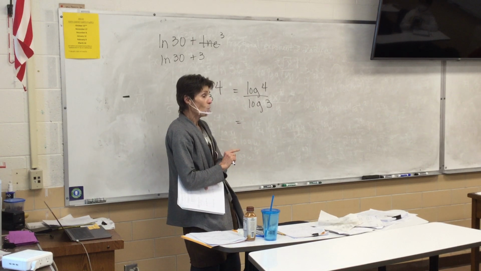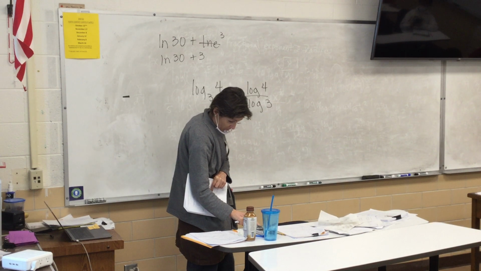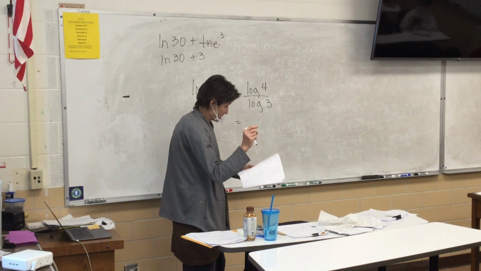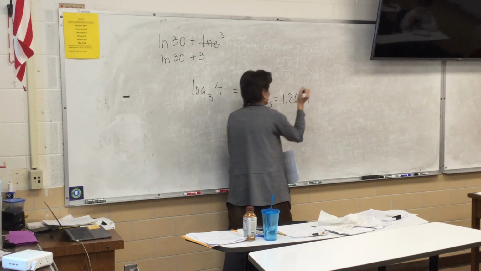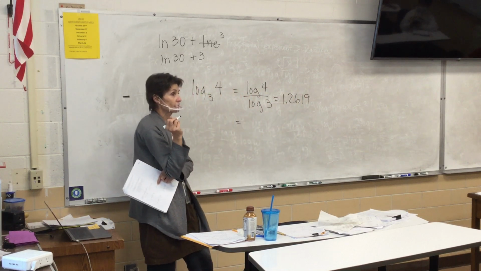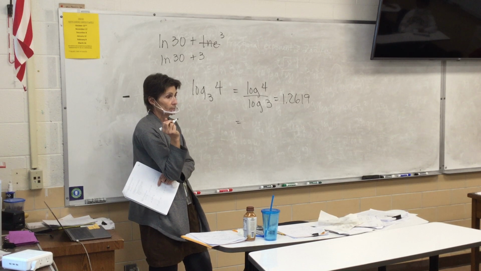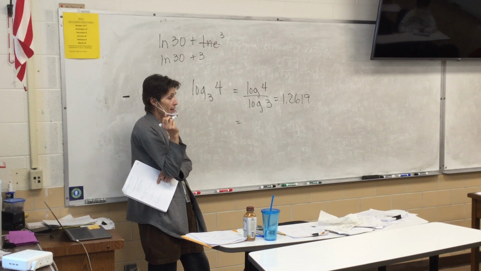When you hit log 4, close the parentheses, and then divide it by log 3, we get 1.2619. Everybody get that? Okay, some of you are typing, some of you are just staring blankly.